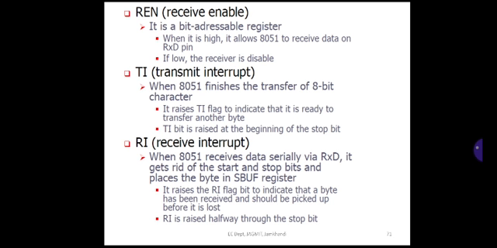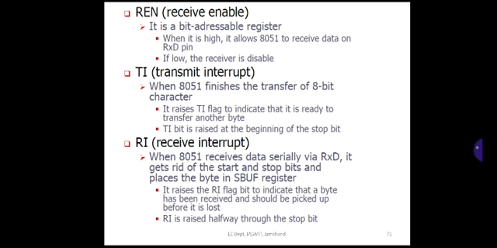As I already told you, SCON is a bit addressable register, which is why these instructions use the bit addressable feature of the 8051 SCON register. This bit can be used to block any serial data reception, and it is an extremely important bit in the SCON register.